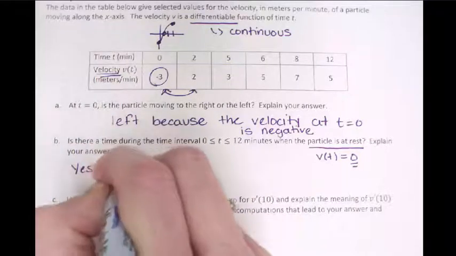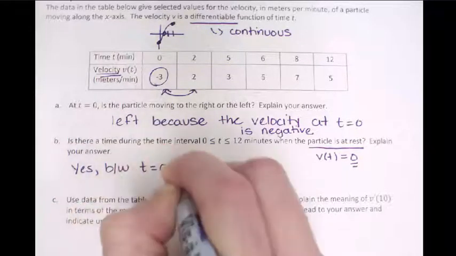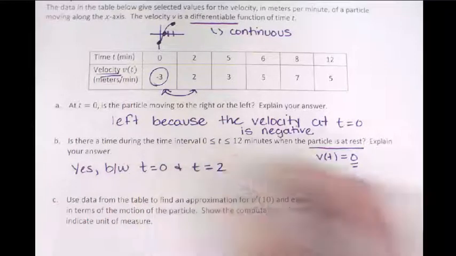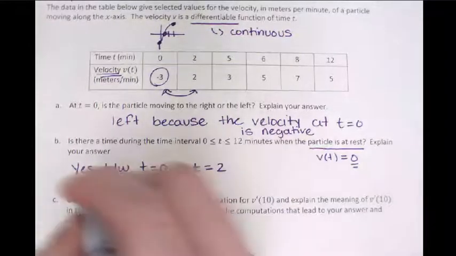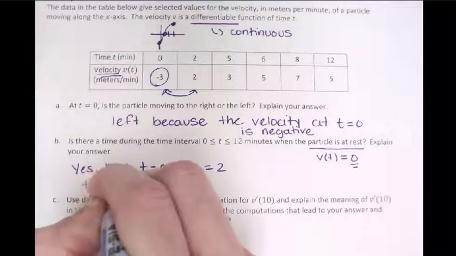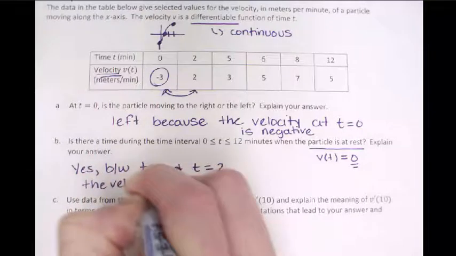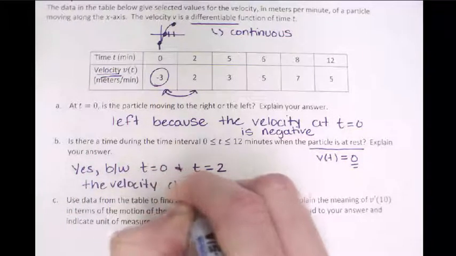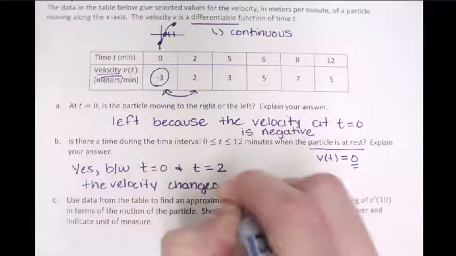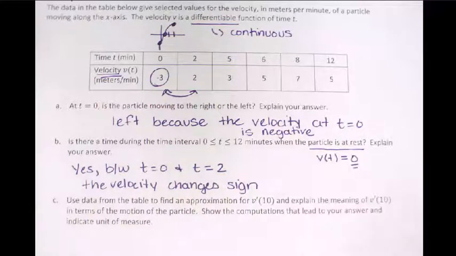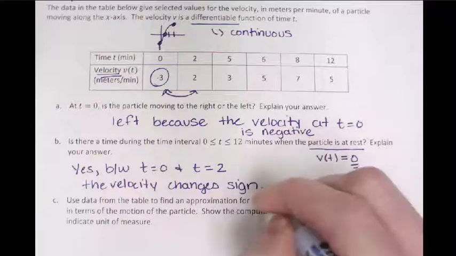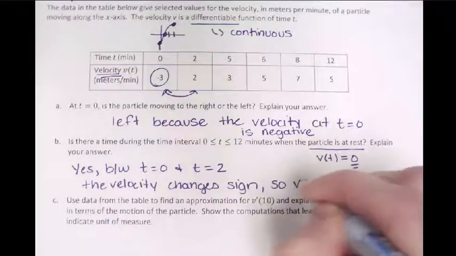Between time 0 and time 2, the velocity changes signs. It goes from negative to positive. So the velocity must equal 0 somewhere in that interval.